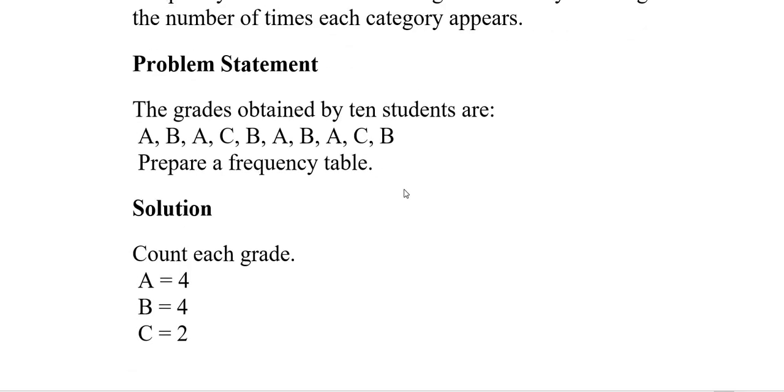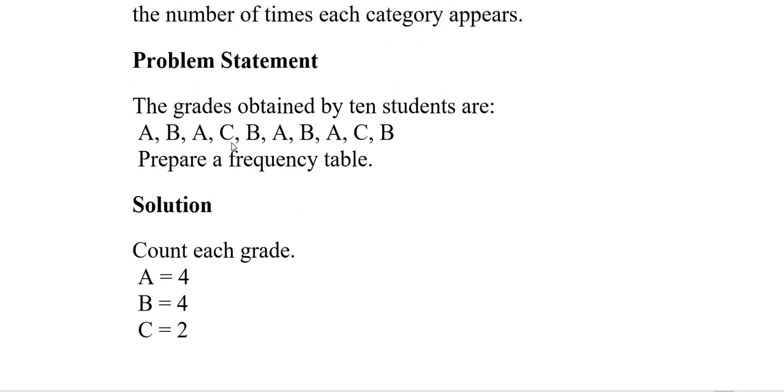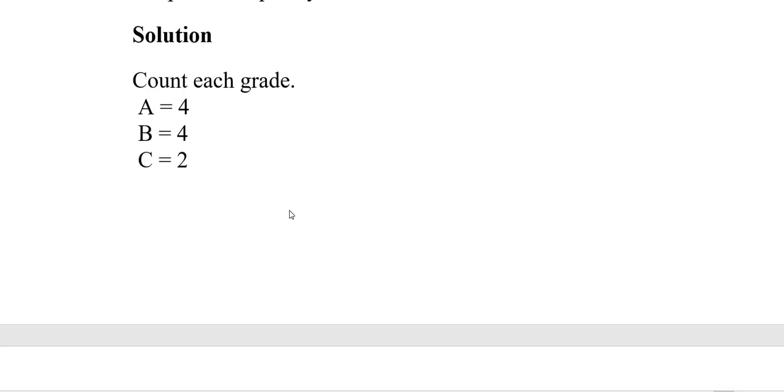Now for frequency, we have to count the number of times grade A has been repeated. 1, 2, 3, 4, right? So count of A is 4, and count of B is 1, 2, 3, 4. Equally, count of B is also 4 and so on.